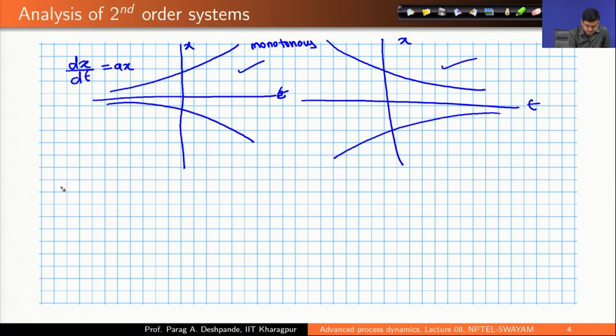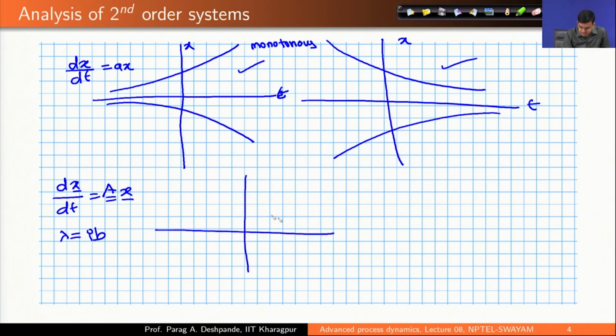But now, when you are solving dx bar by dt is equal to a x such that lambda for A is simply of the form i b, then what you see is a center solution, x 1 x 2, and the values will repeat with the same magnitude over a long period of time.